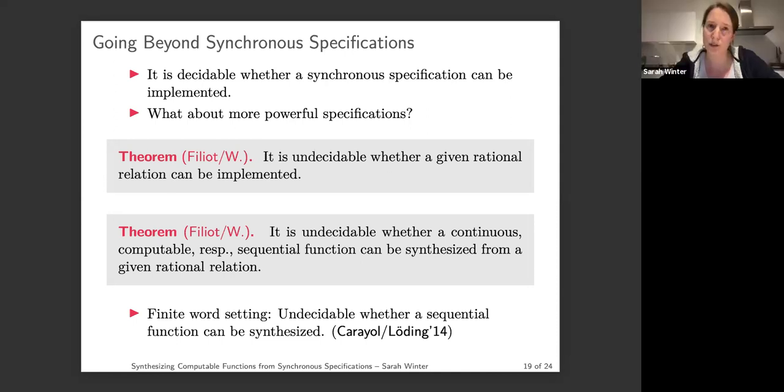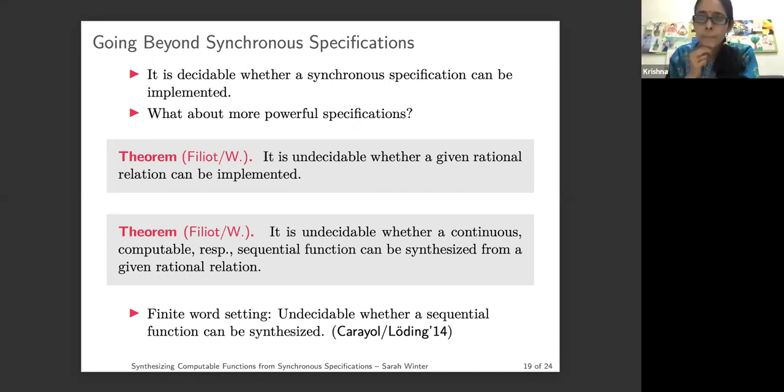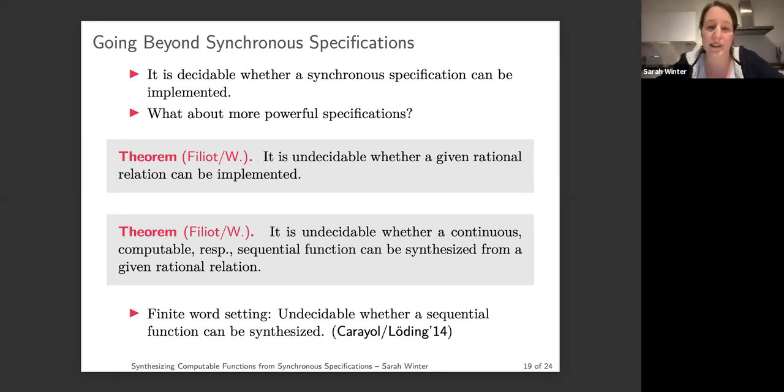Yeah, I would have to do this, and you can also do a reduction, not from the PCP problem, but there's another one, more complicated, at least to show on a slide, from the halting problem of Turing machines. So there would be even two different reductions where I could check. Okay, sure. The reason the setting of deterministic rational relations remains decidable is that when I have an input and an output word, I know exactly what kind of run it will induce in the automaton.